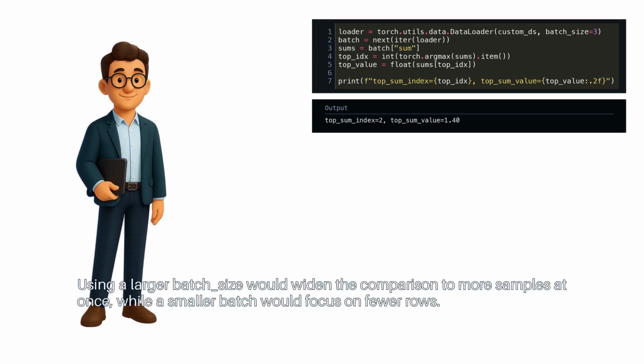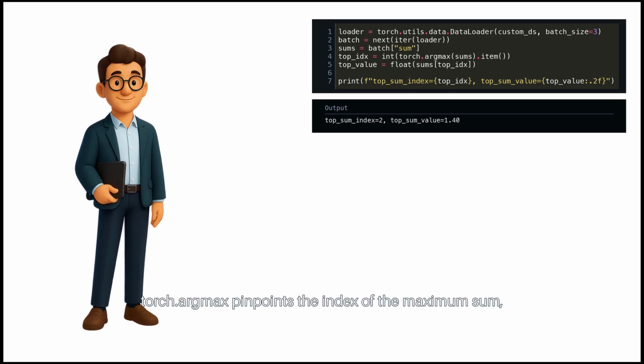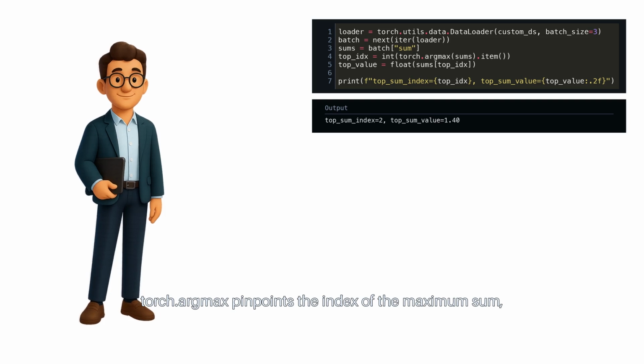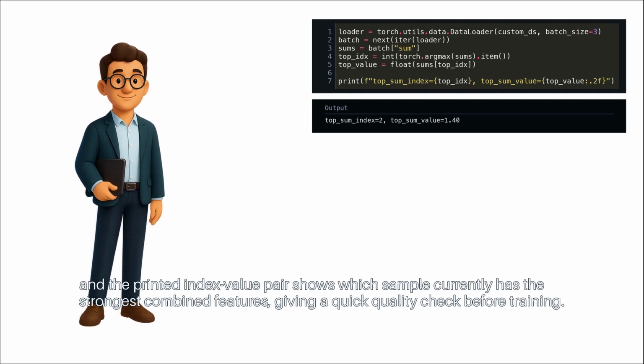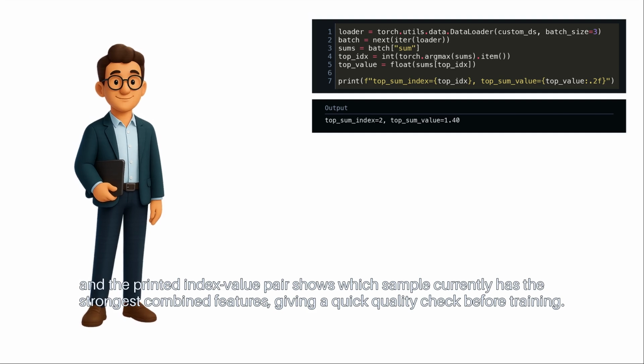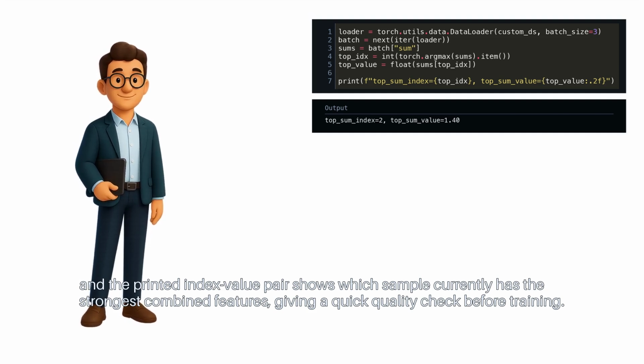Using a larger batch size would widen the comparison to more samples at once, while a smaller batch would focus on fewer rows. torch.argmax pinpoints the index of the maximum sum, and the printed index-value pair shows which sample currently has the strongest combined features, giving a quick quality check before training.